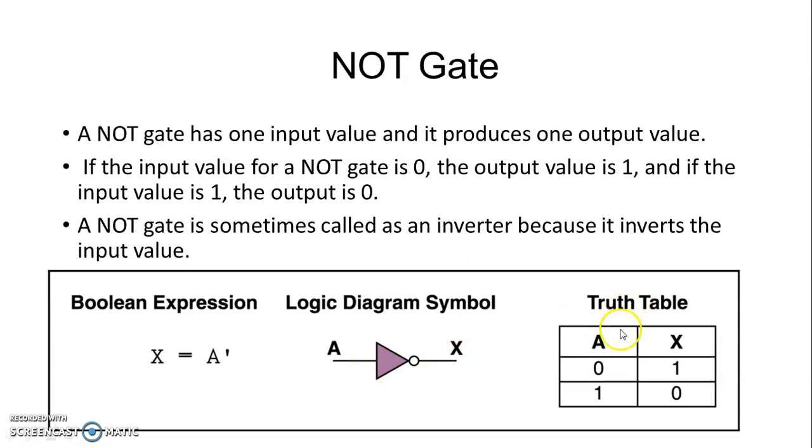Truth table for NOT gate is a is input, x is the output. If we give input 0, then its output will be 1, or if we give input 1, output will be 0 because it inverts the input value.